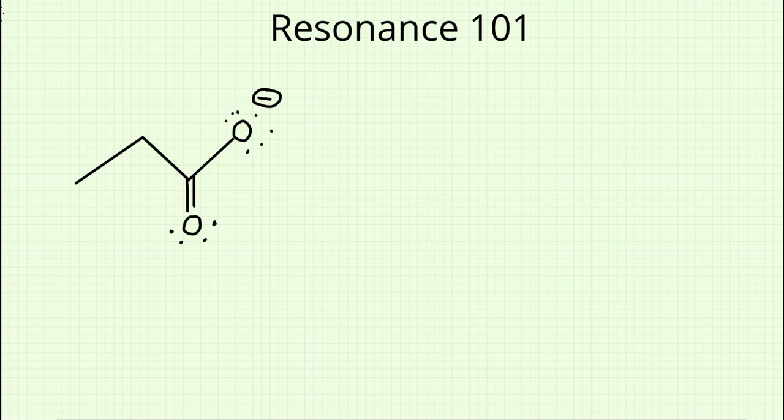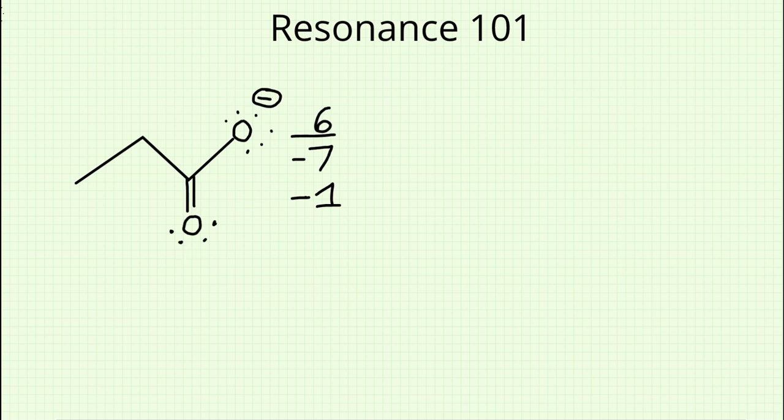So this would have one, two, three, four, five, six from the lone pairs plus one from the covalent bond. Oxygen wants six, but we really have seven. If you think of it as 6 minus 7, since electrons are negative, this would have a negative 1 charge. That's what gives it a negative charge here.